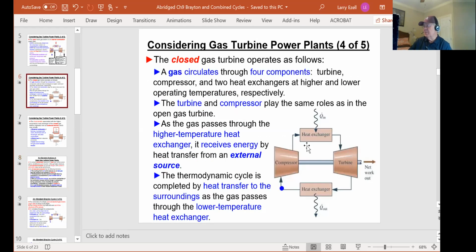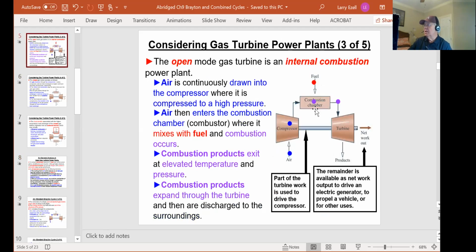We have combustion going on right here. We model that as a sudden influx of heat in BTU per hour or kilojoules or kilowatts. We don't describe the combustion process from a chemical standpoint. We describe it as a sudden infusion of heat.